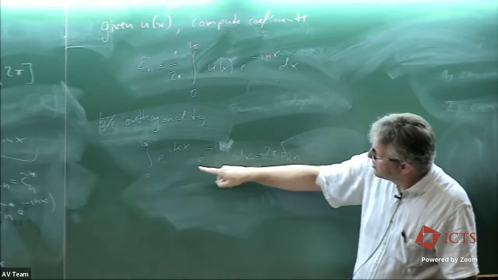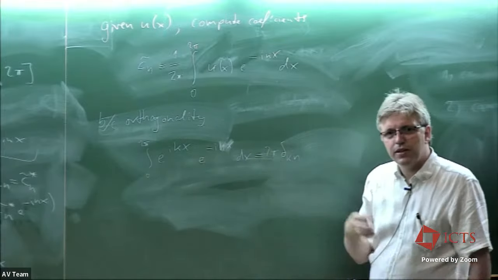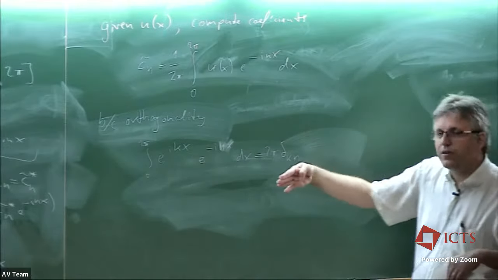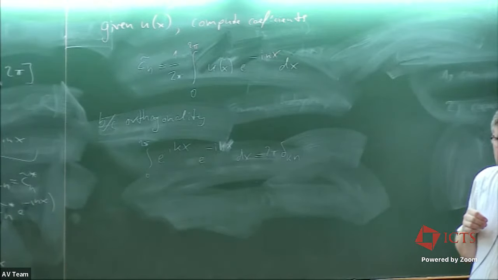If your two oscillating functions have a different number of periods, well then over the full 2 pi, they're going to average out the positive and the negative parts.